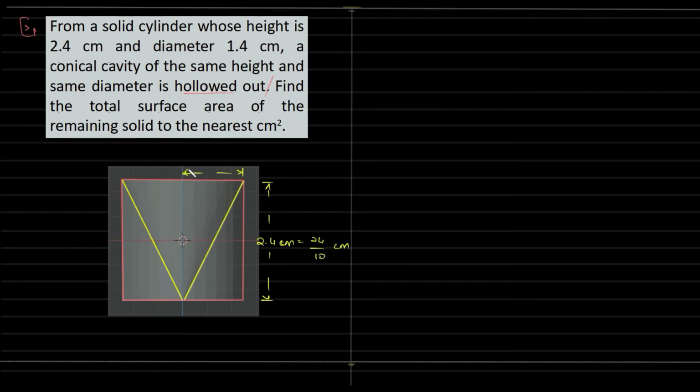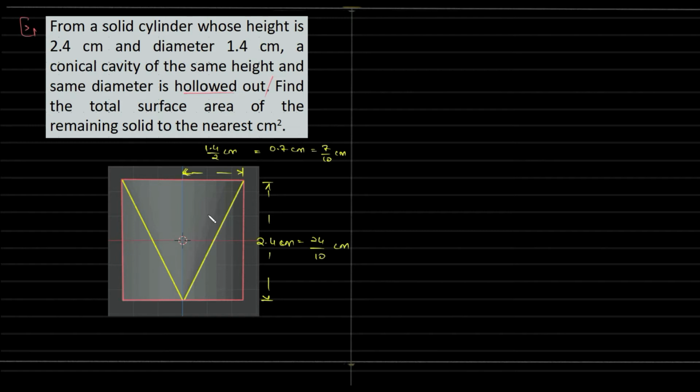So 1.4 by 2 centimeter is 0.7 centimeter, which can be written as 7 by 10 centimeter. I always like to write the decimals in fraction form. Find out the total surface area of the remaining solid to the nearest centimeter squared.